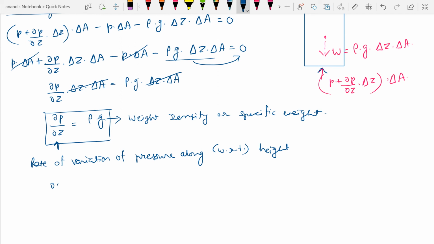We can write rho g as small w, and small w represents the specific weight or weight density.